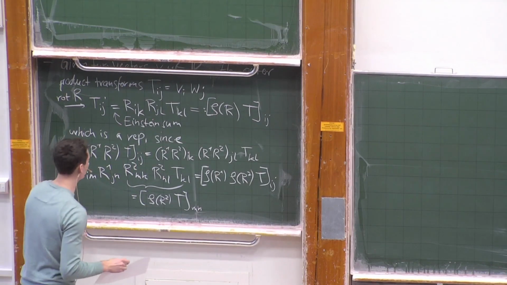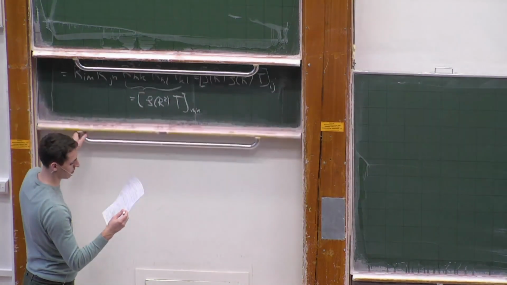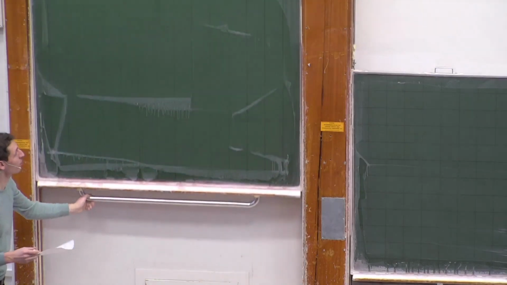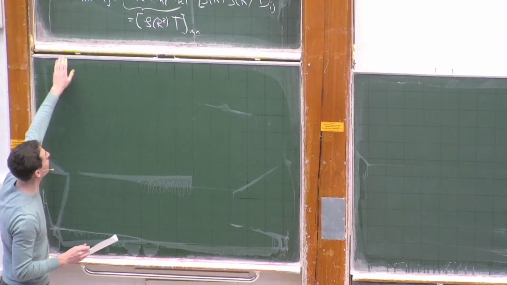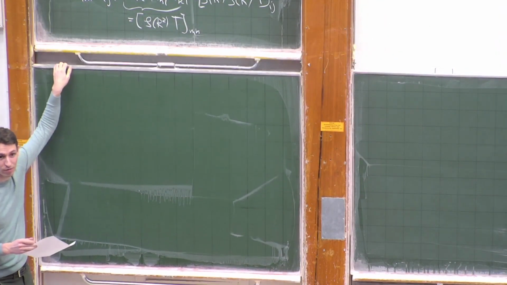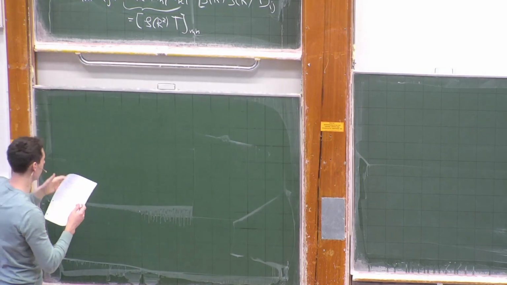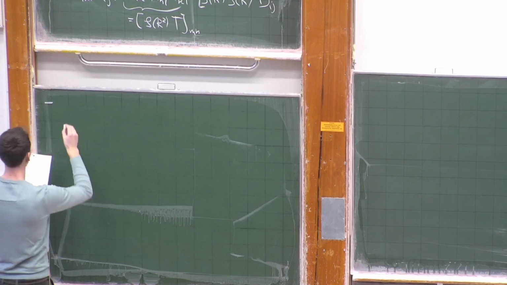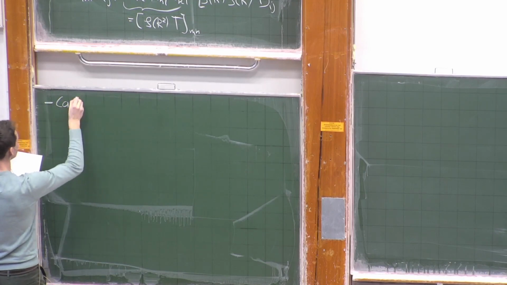And this was now for two indices by taking the outer product of two vectors, and then every index basically individually transforms with a rotation matrix. And the notion of Cartesian tensors arises if we generalize this.